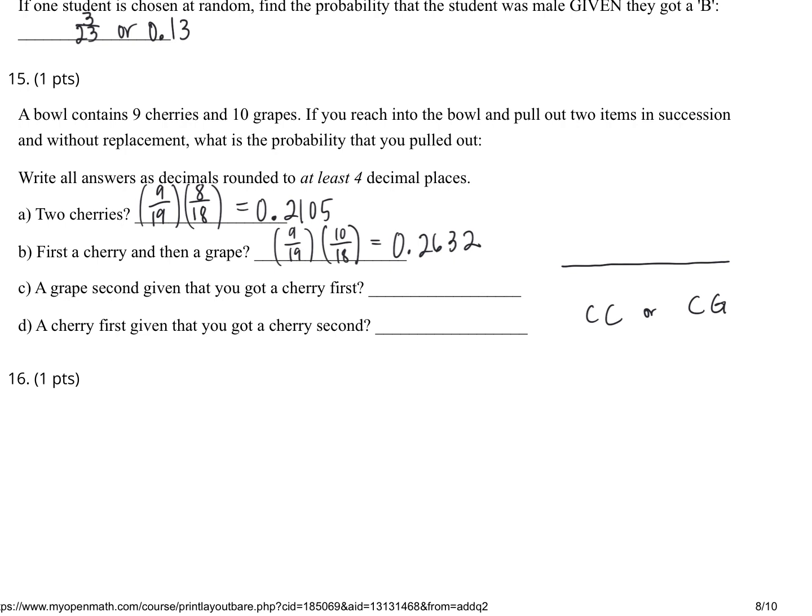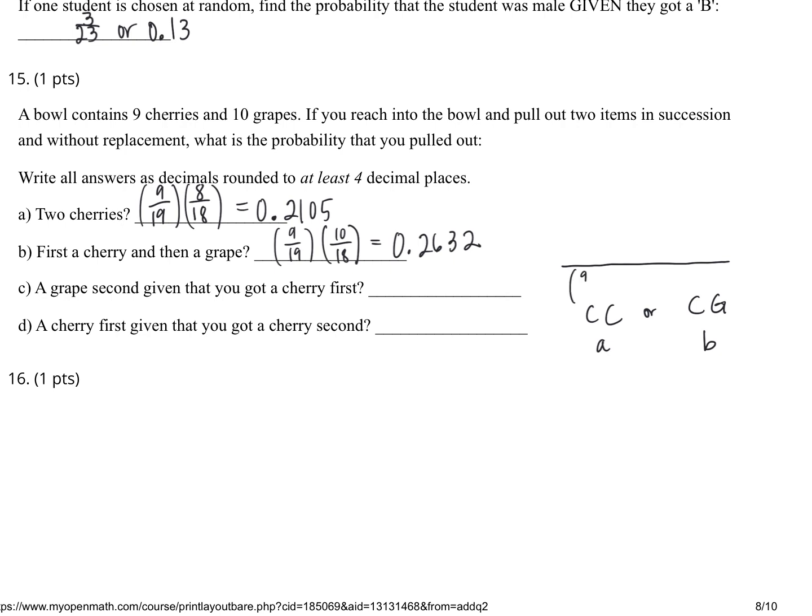Both of those would be the only ways we could pull out two fruits and get a cherry first. We actually found both of those scenarios in part A and part B, so we're just going to use those here. The cherry-cherry is part A, and the cherry-grape is part B.